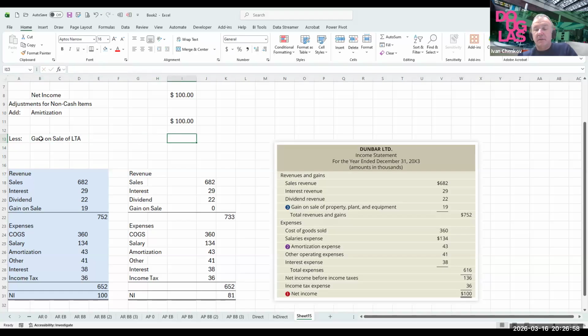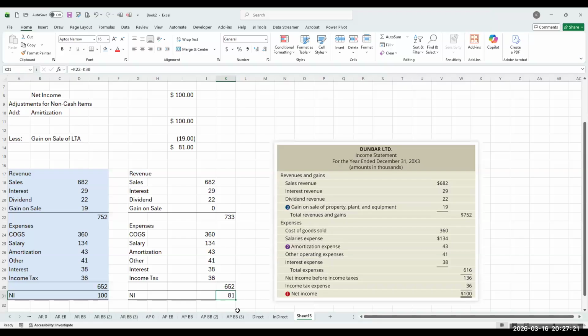We're going to deduct here minus 19. Once I do that, my adjusted income is going to be 81, which is exactly what I'm chasing. Make sense?